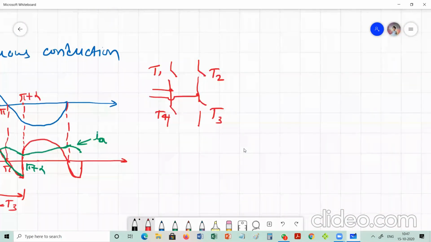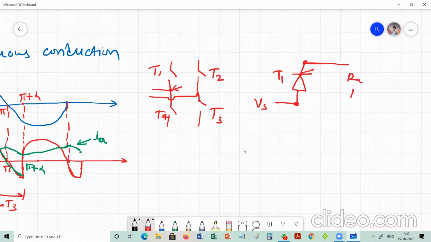Okay, this is the circuit diagram, and from it I will draw one thyristor T1. This point is connected to source voltage Vs, and this point is connected to the load, which has Ra, La, and E. The circuit will be like this.